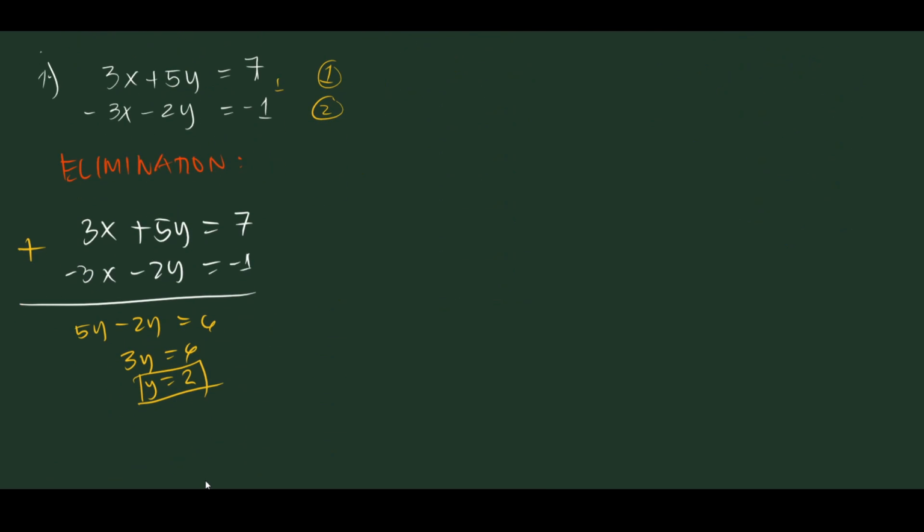So how are we going to find our second variable x? Let's just substitute y is equal to 2 into equation 1 or 2. If we use equation 1, 3x plus 5y is equal to 7. Substitute 2 for y, so 3x plus 5 times 2 is equal to 7.